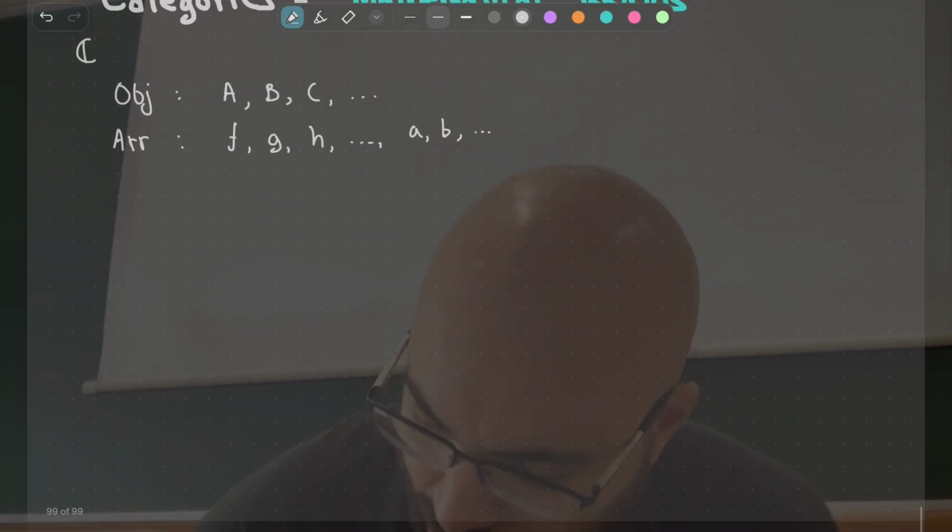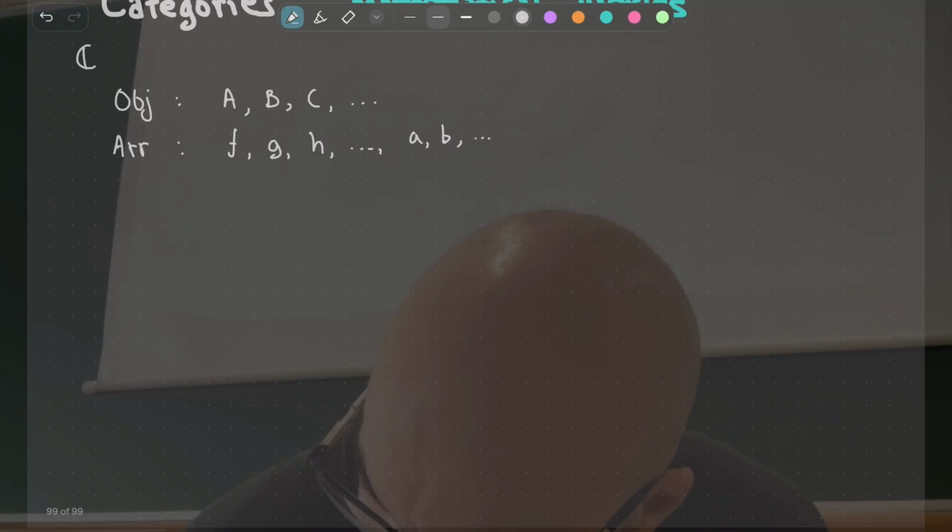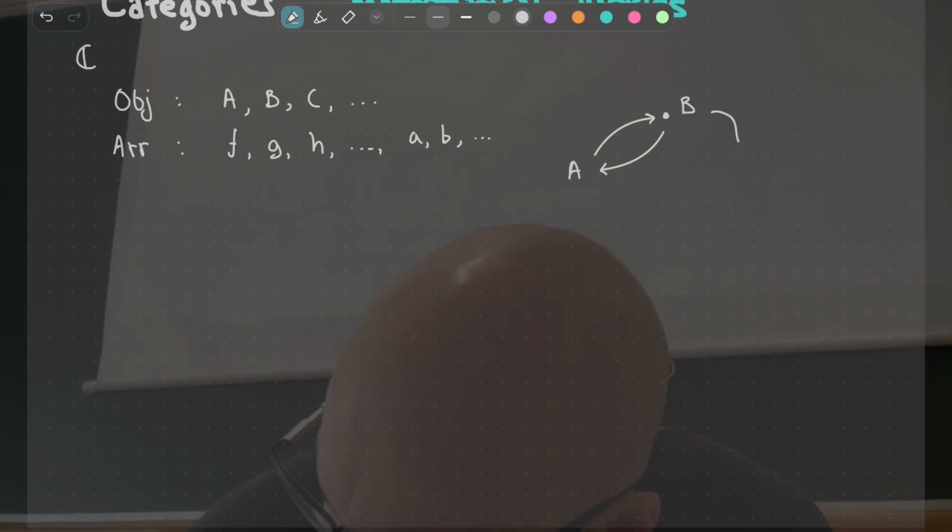Obviously, I have some pictures that I can draw. This is where the names come from, like arrows and objects, and maybe a category looks like that.